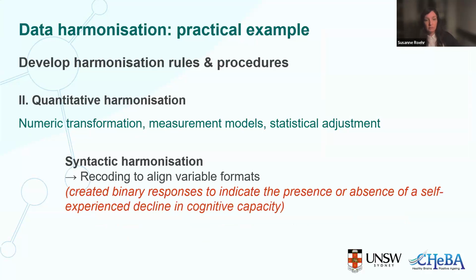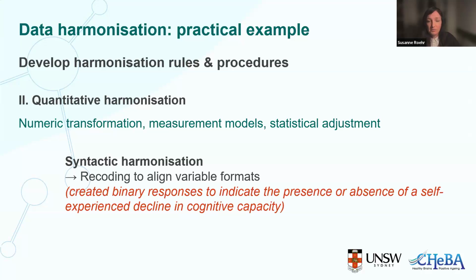Another approach, getting a bit more technical, is quantitative harmonization. Here you're looking at any forms of transforming variables in a numerical way, which can entail measurement models, but also statistical adjustment. For example, we applied a so-called syntactic harmonization approach. In our case, that meant we had to recode a couple of variables to align the format.